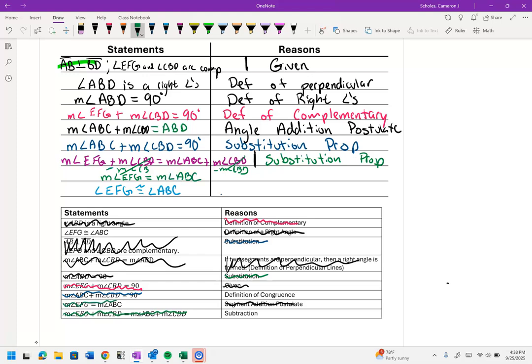So we got that one from subtracting it. Even though it's not a number, we are still subtracting, quote unquote, a number from both sides. So it'd be the subtraction property. So we will do the subtraction.